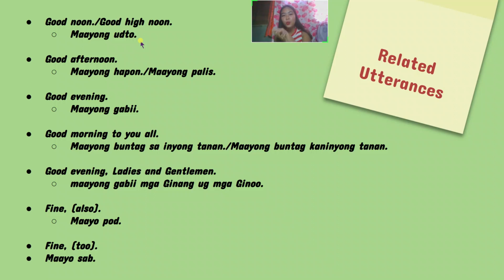Utterance. Okay. So, related utterances: good noon, or good high noon. For example, you go to the supermarket and it's already 12 o'clock in the afternoon. You meet a friend there, you're going to greet him or her, good noon, or maayong udto in Bisaya.